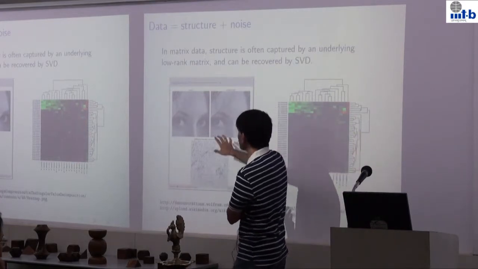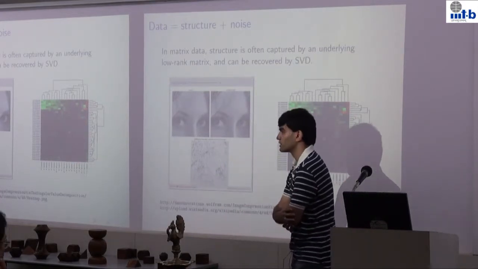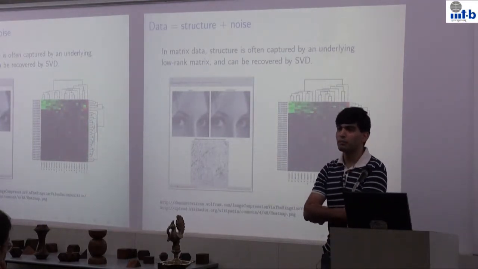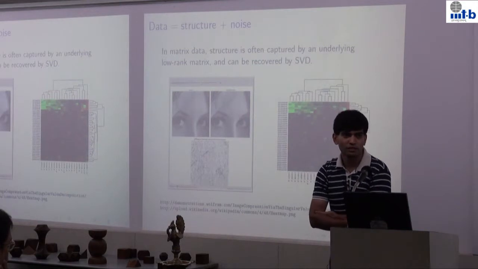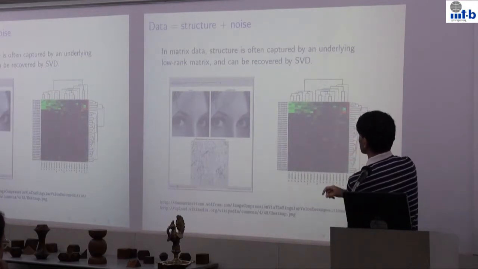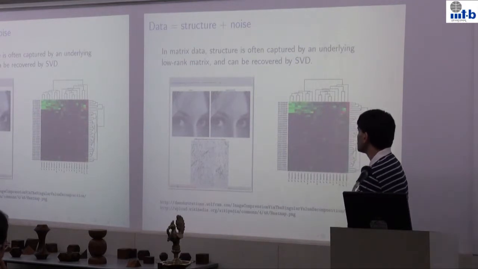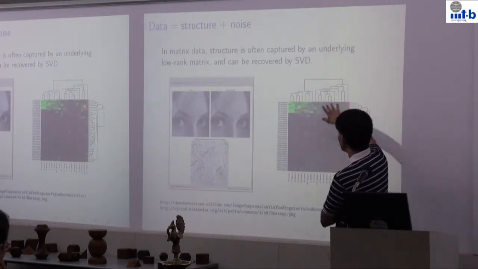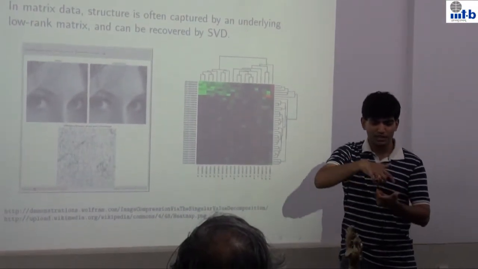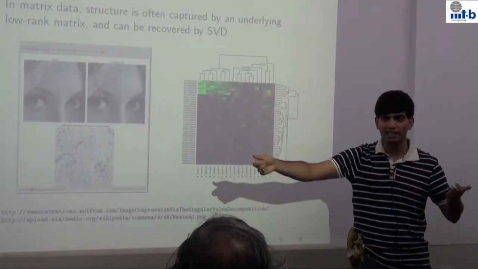Because the rows and columns don't have such special significance, but in some cases, these rows or columns themselves may have a special significance. One such example is gene expression data. There are certain genes, which are some sort of substrings in the DNA samples.